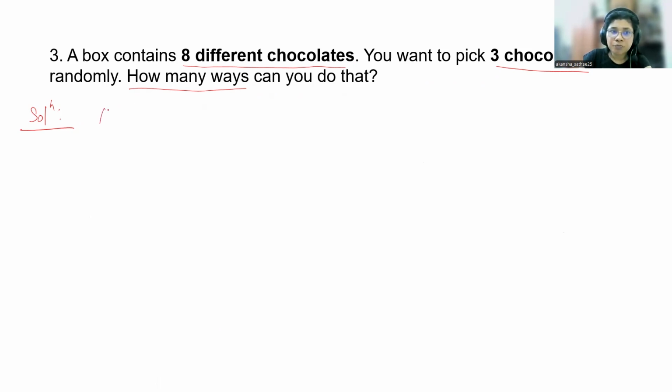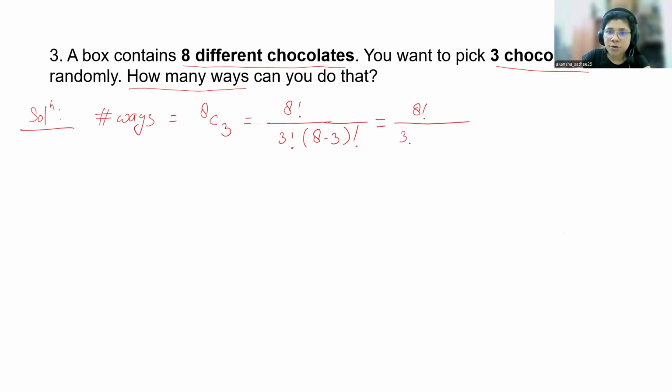So number of ways is equal to 8C3. And now you just have to apply the formula. It is factorial 8 upon factorial 3 into 8 minus 3 factorial. And that is equal to factorial 8 upon factorial 3 into 8 minus 3, which is 5 factorial.